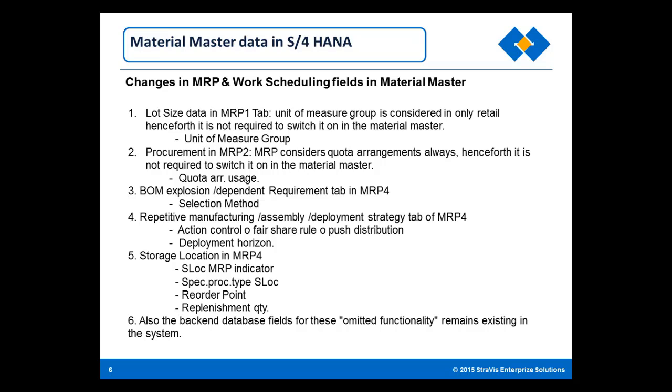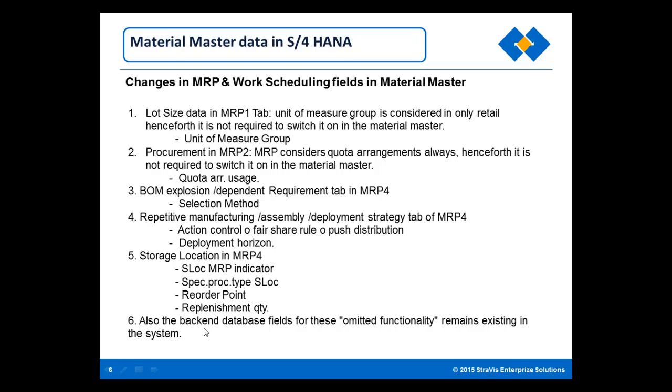In case of material master data, especially the MRP views, we can find the differences in case of lot sizing data tab, in case of procurement data tab, in case of BOM explosion dependent requirements tab, in case of repetitive manufacturing, assembly deployment strategy tab, and storage location in MRP4 tab as well.